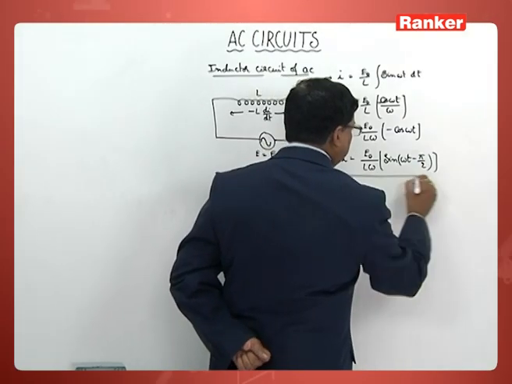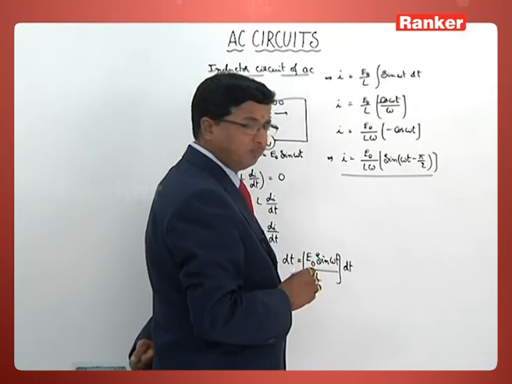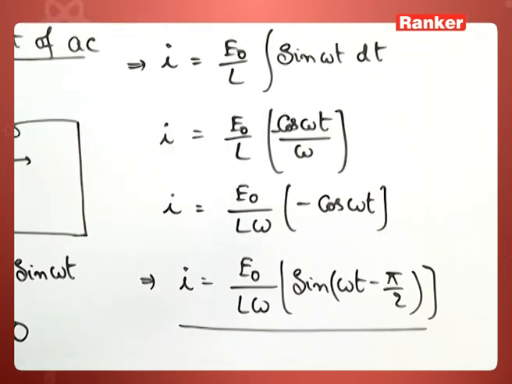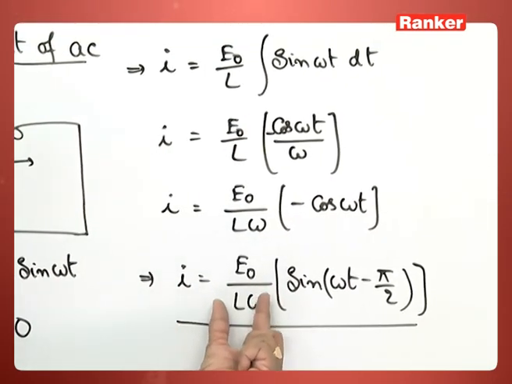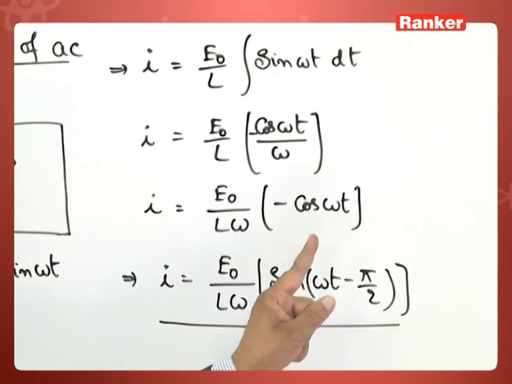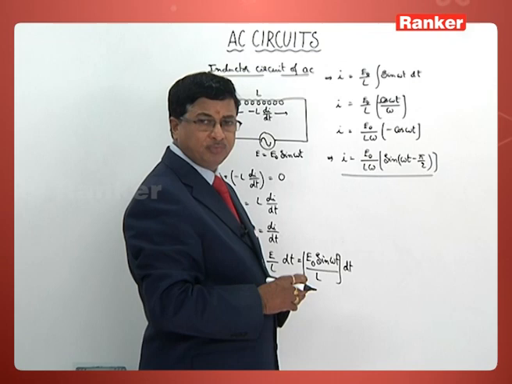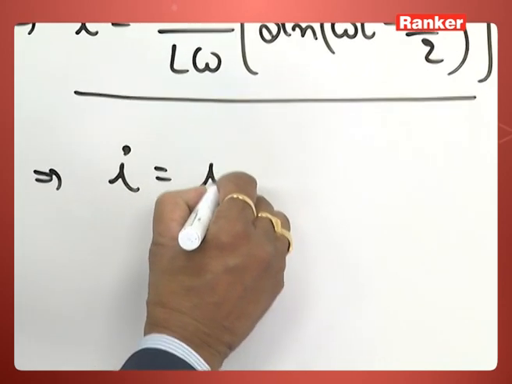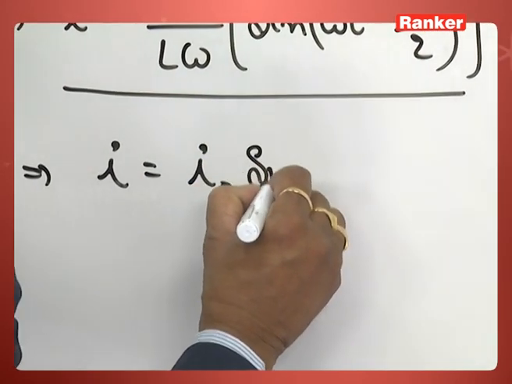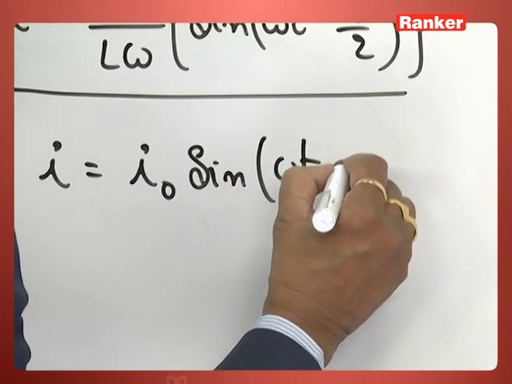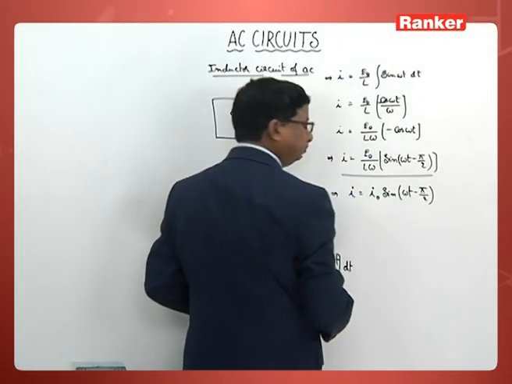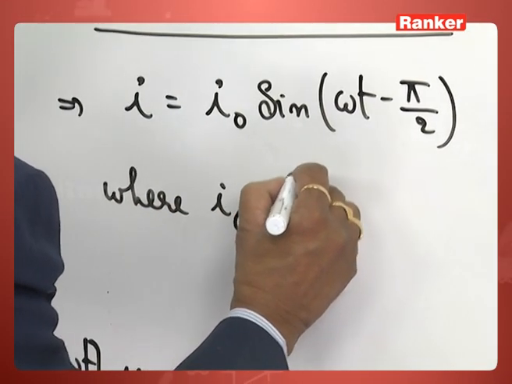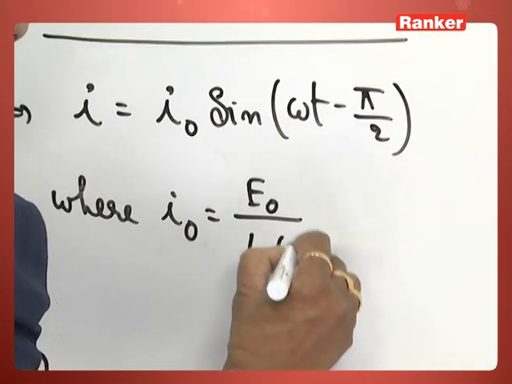This is the ultimate equation for us. When we look at this equation, it is similar to I is equal to I naught sin omega t minus pi by 2. What is this I naught here? Here we can say I naught is equal to E naught by L omega.